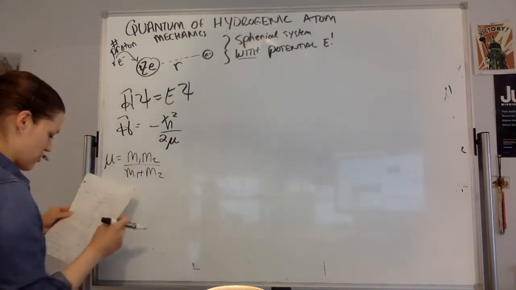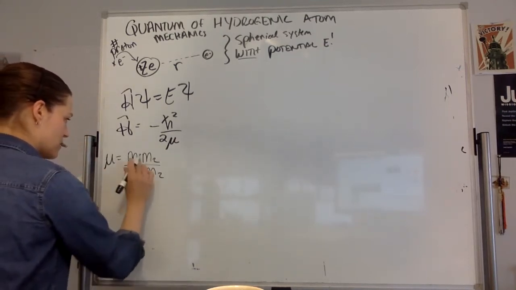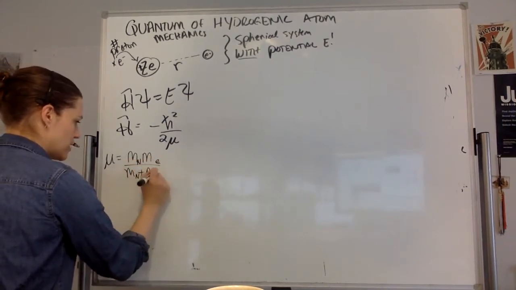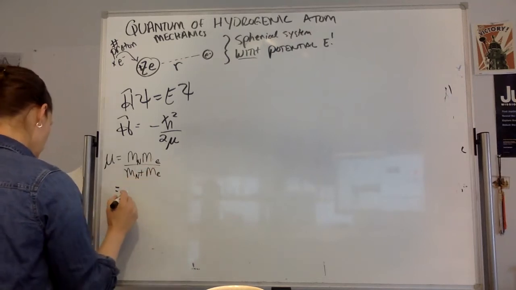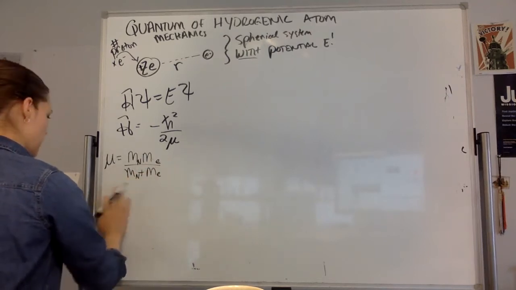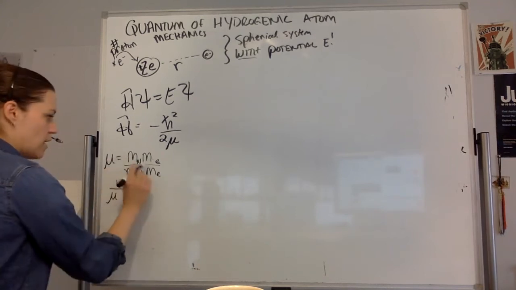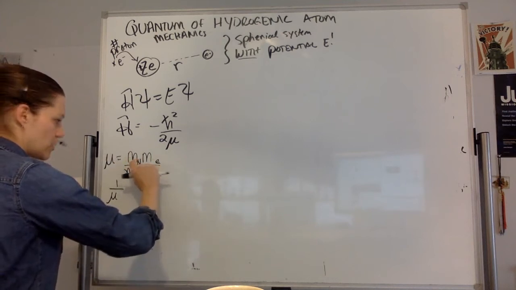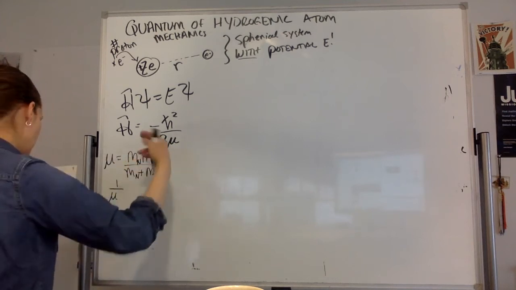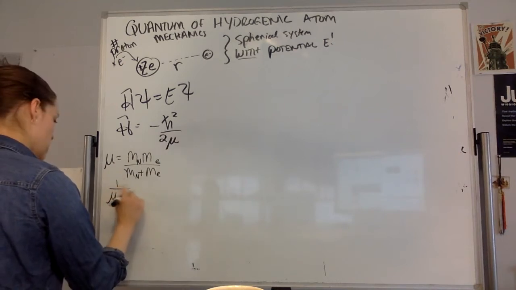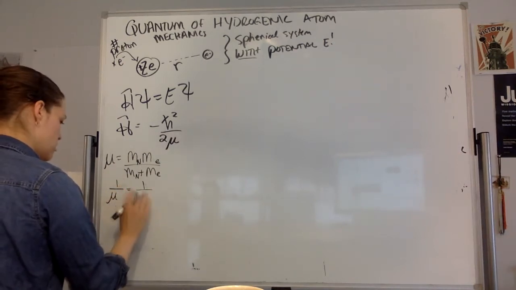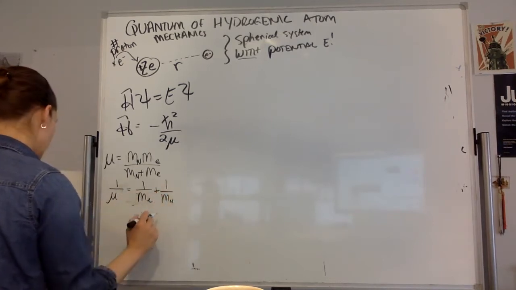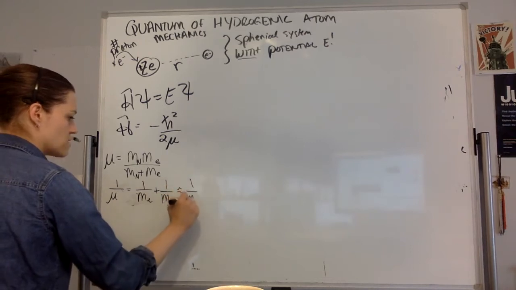If you were to say, let me show you that real quick, so this is mass, nucleus, electron, this also equals, if I were to say 1 over mu and take the inverse of this, as well as manipulate it by multiplying by the common denominator, then you get 1 over mass of the electron plus 1 over mass of the nucleus, which is approximately equal to 1 over mass of the electron.